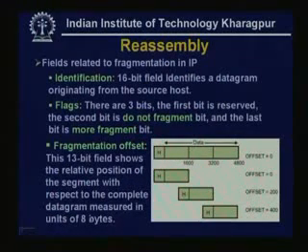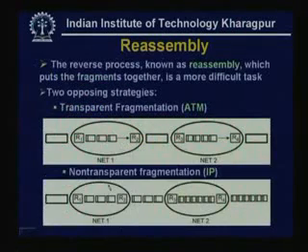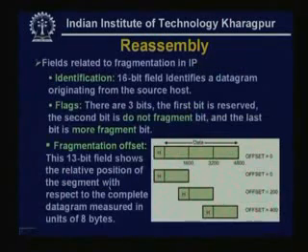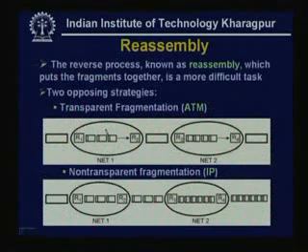In IP, reassembly is performed with the help of three fields: identification, flags and fragmentation offset. But before I do that, let me explain in general how reassembly can be done. It can be performed using two different approaches.